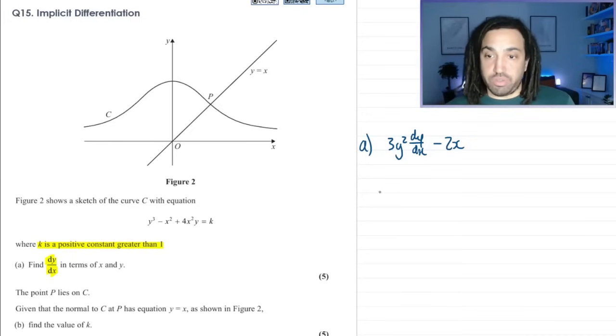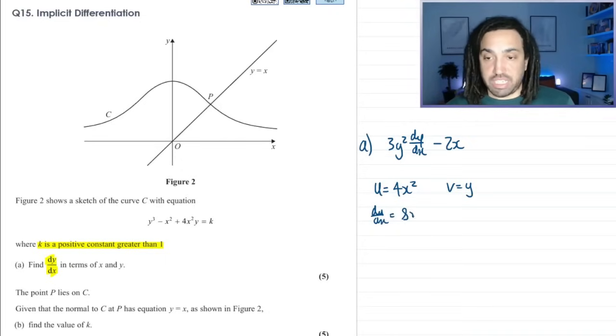So we can use the good old product rule. We can say u is 4x squared, and we can say v is equal to y. So differentiating this one, well that's just a function of x, so that just goes to 8x. Differentiating this one gives us, well, y differentiates to 1 with respect to y, then we have to times it by dy by dx, so we just get 1 lots of dy by dx.